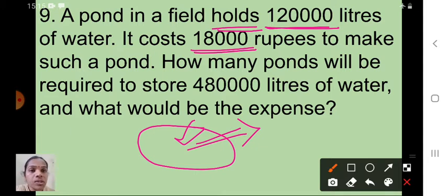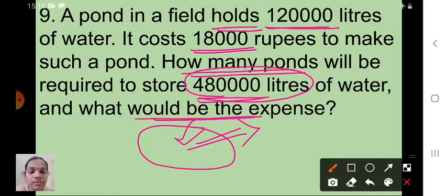Your question is how many ponds will be needed to store 4,80,000 liters of water. To hold this much water, how many ponds we need, that we have to find. And another question is what would be the expense.